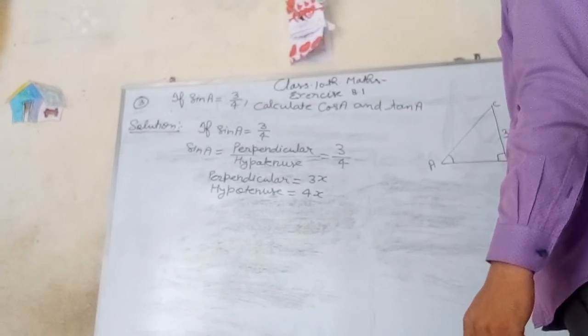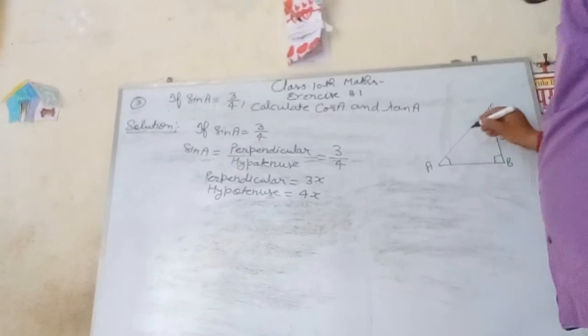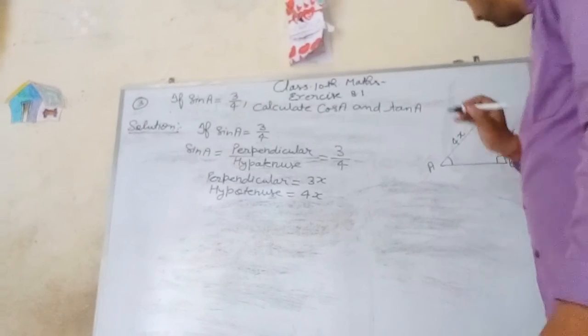Means BC is 3x unit and hypotenuse is 4x unit.